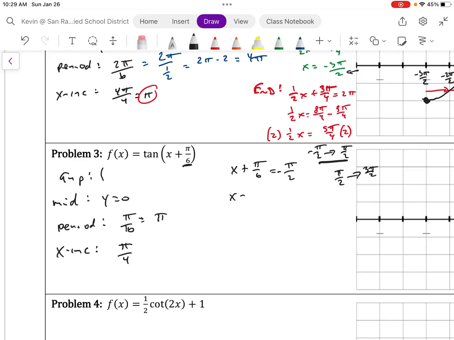This is what I'm used to doing, so I'm going to do that. So this is going to be x equals, let's see, pi over 2 would be negative 3 pi over 6 minus pi over 6. So x equals negative 4 pi over 6.